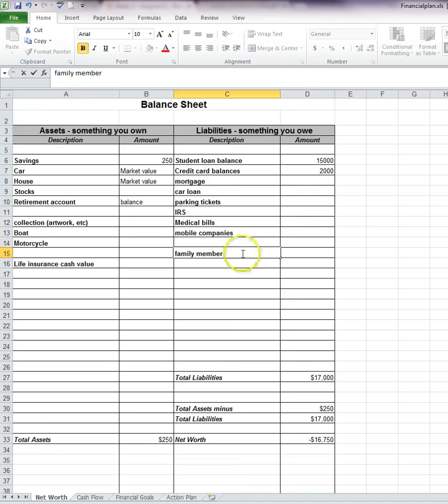Or we can start tackling some of these liabilities, work on plans to make payment negotiations for medical bills, also start tackling credit card balances. Those are the type of things we want to do because ultimately our goal is to improve our net worth, and we need to start working on it now, but we need to know where to start.